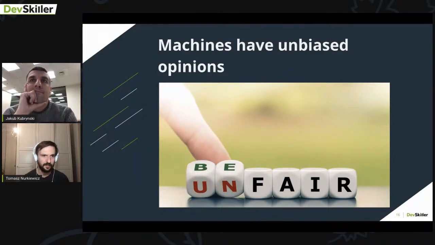Sometimes you can get a job or you don't get a job simply because you got a recruiter that was similar to you. So it's kind of an anti-pattern in the recruitment process that the only people you're looking for are the people who are similar to you. So if you find a recruiter that's similar to you in terms of experience, in terms of the way he or she looks at life, then you're lucky, you got the job.